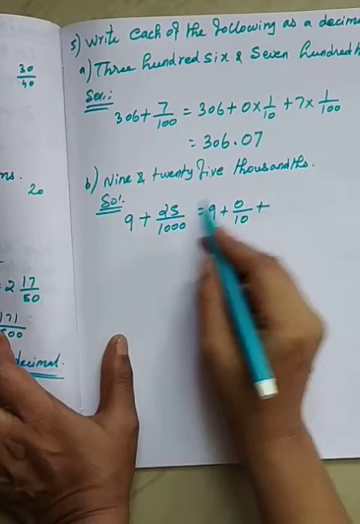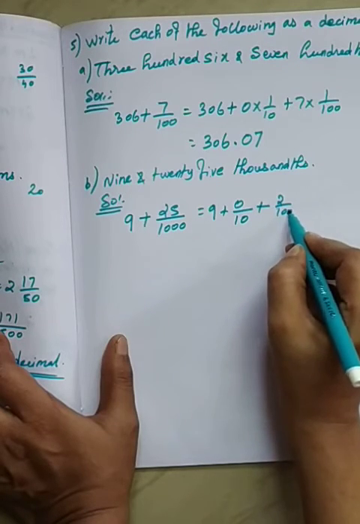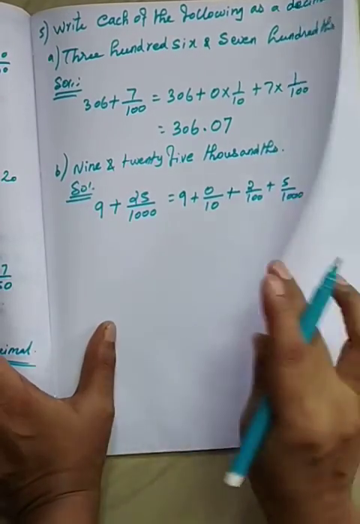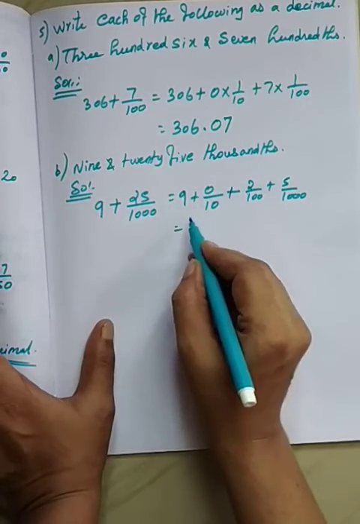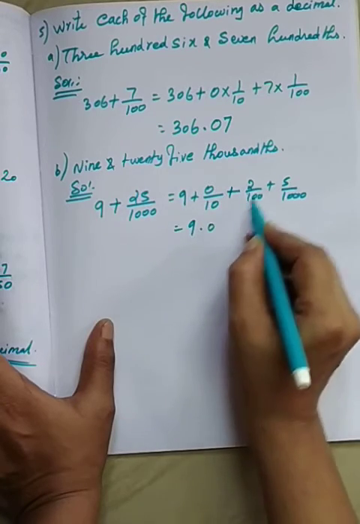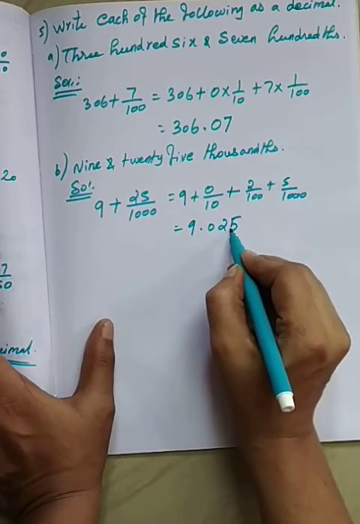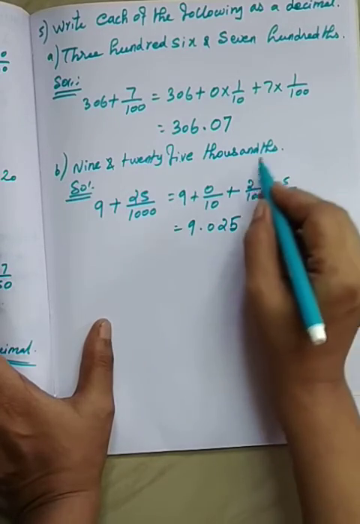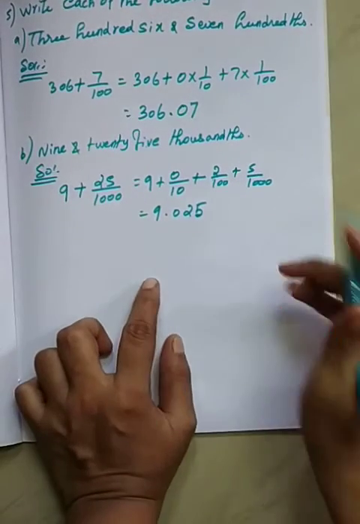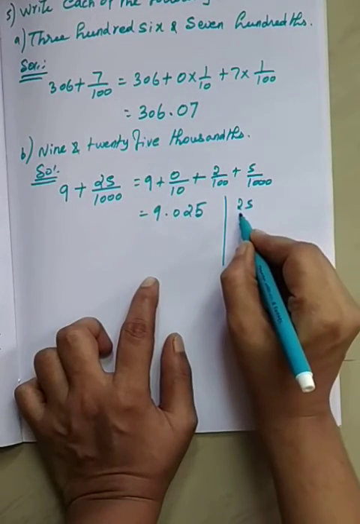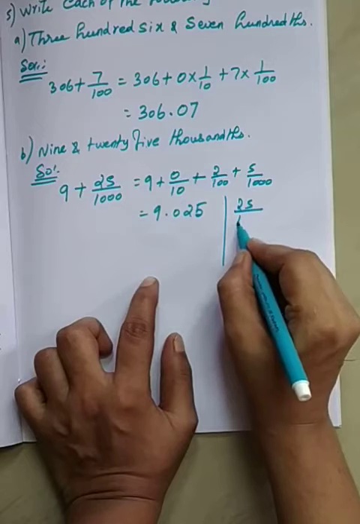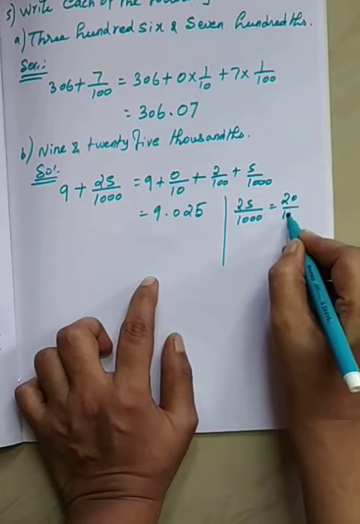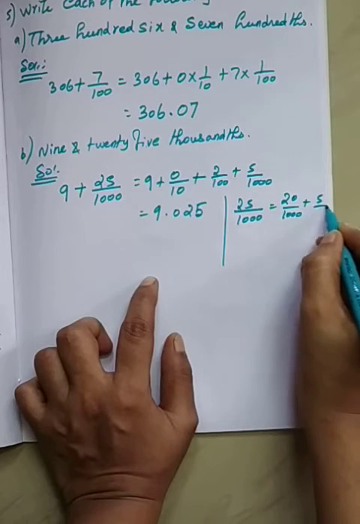Now 25 by 1000 means you can split it: 20 by 1000 plus 5 by 1000.